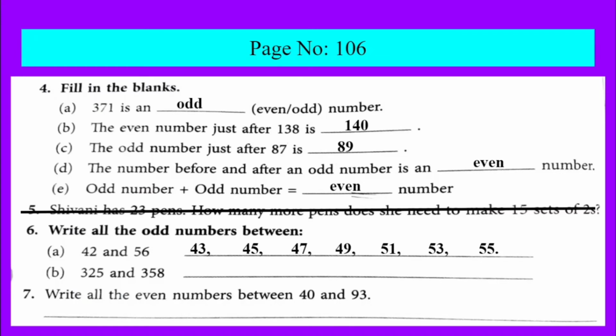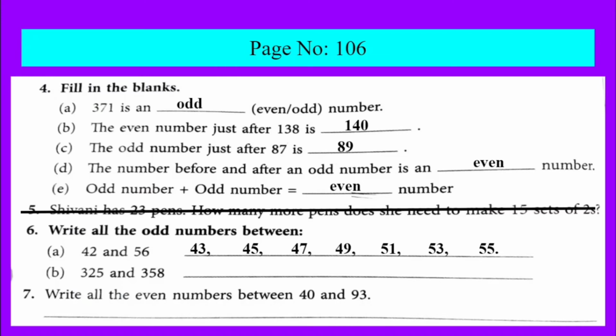So we need to stop over here at number 56. So all the odd numbers between 42 and 56 are 43, 45, 47, 49, 51, 53 and 55. Did you understand, children?